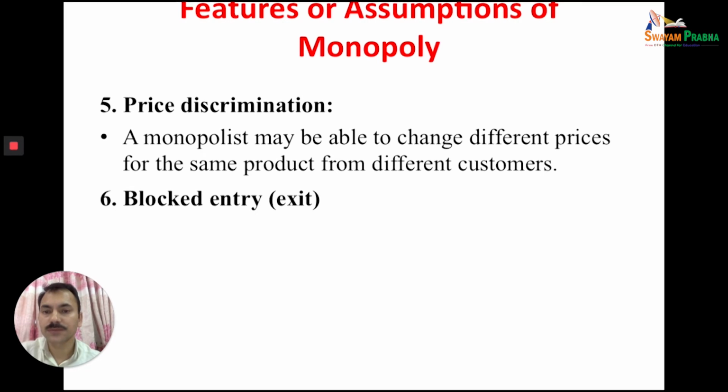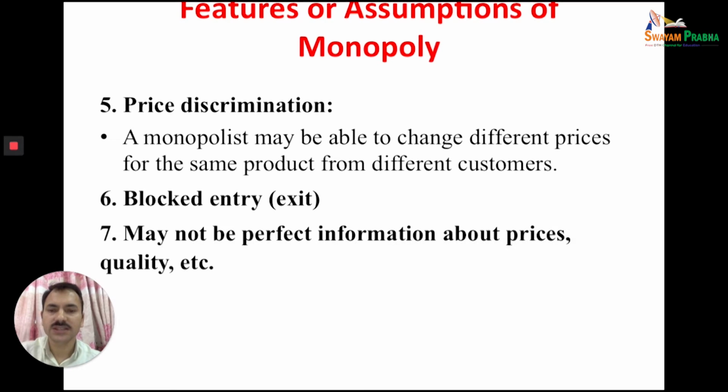Entry blocked. A firm cannot enter and cannot exit in that market, and there may not be perfect information about the price and quality. In the last module we discussed that in perfect competition there is free entry and exit. A firm can freely enter the market. There is no restriction.